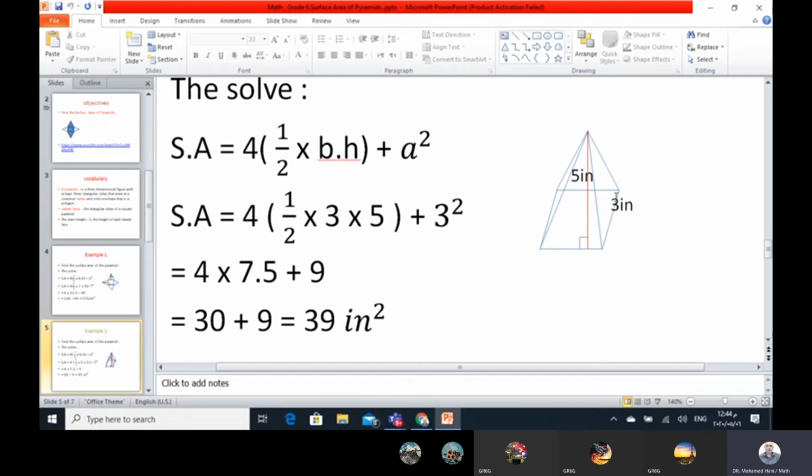As you know, when we want to solve the area of the square, just multiply side by side, A times A means A squared. Now we can substitute the values of the variables. Here we have 4, here we have 1/2, and the value of the base will be 3. And the height here, the red line, as you see, is 5.